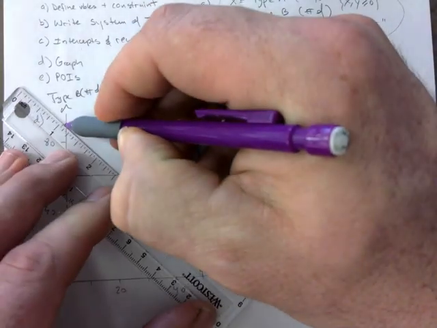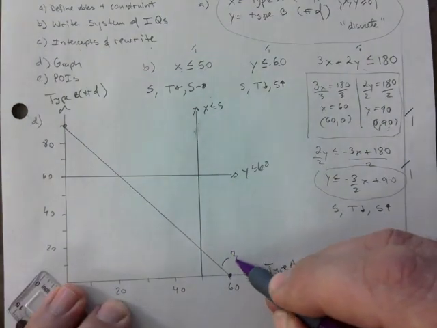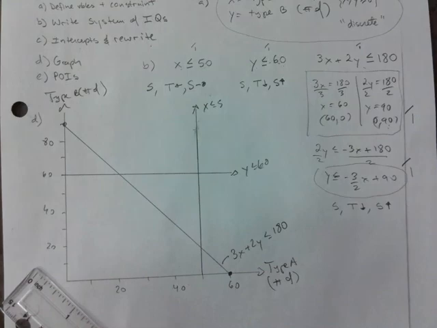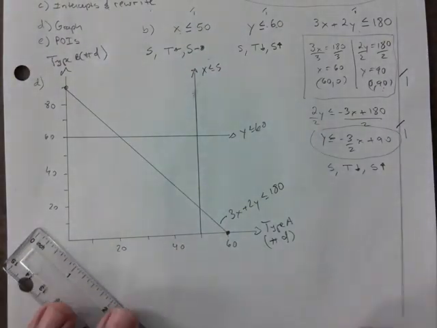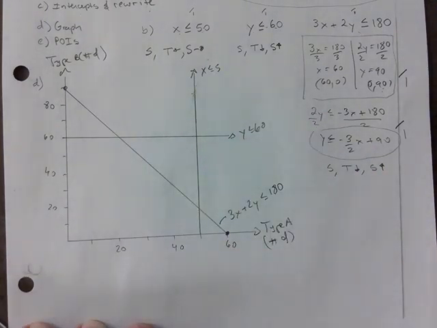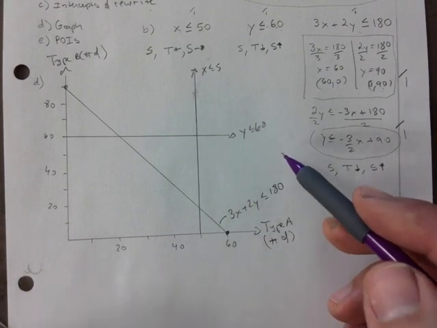And it goes like this. This is 3x plus 2y is less than or equal to 180. If you have something like this already, I think I'm going to give you 2 marks, like if all the lines are where they're supposed to be, and then the third mark is for shading and doing all of the other stuff.